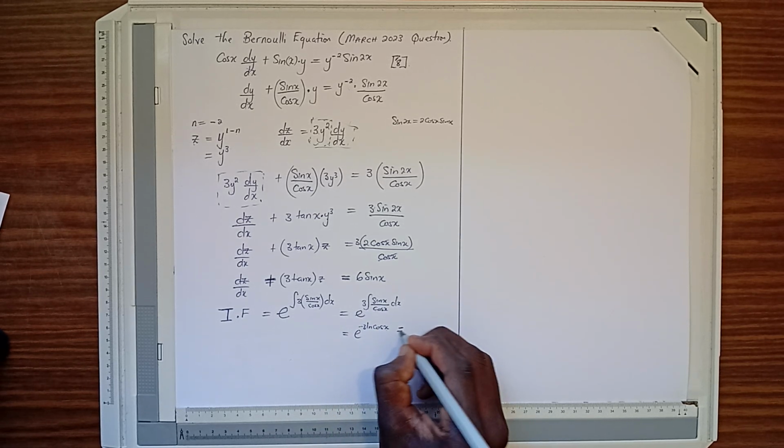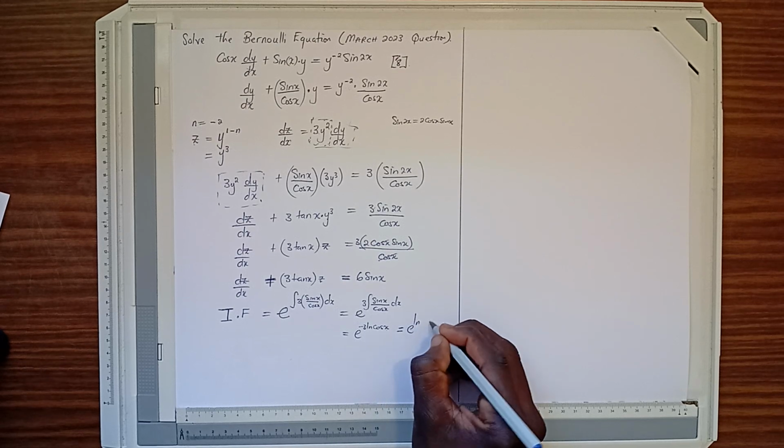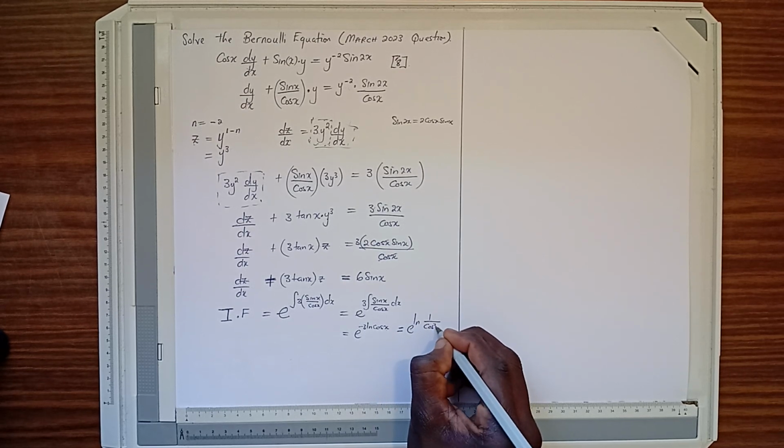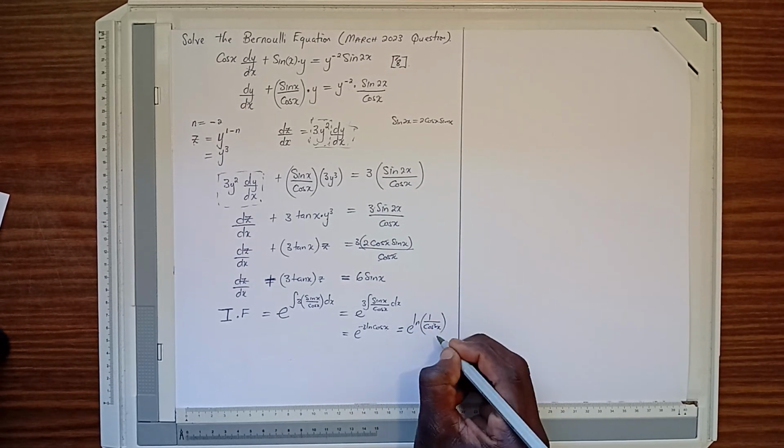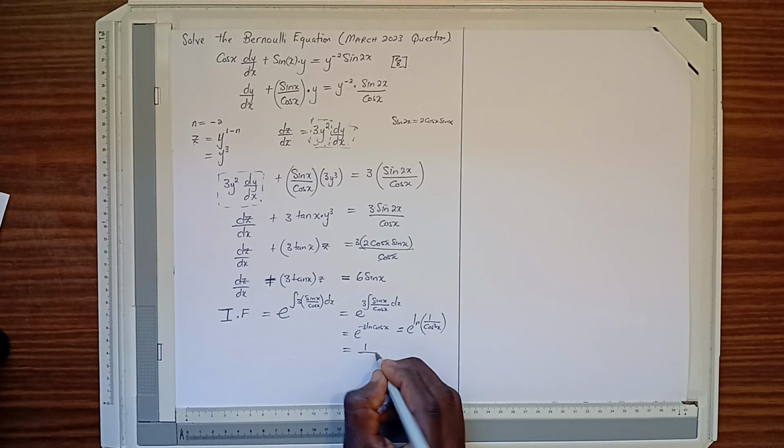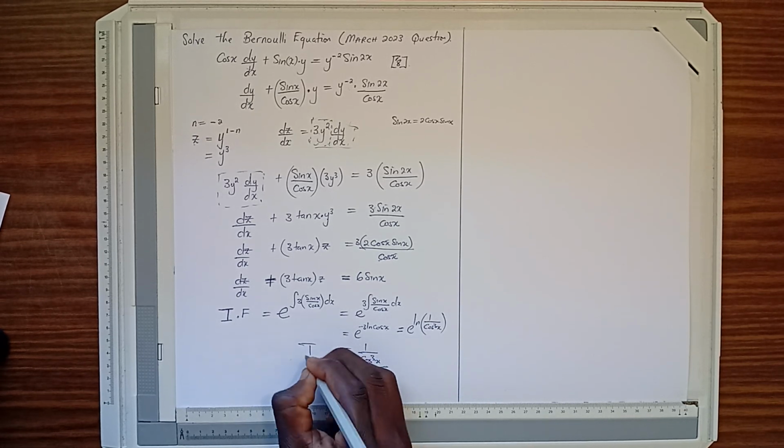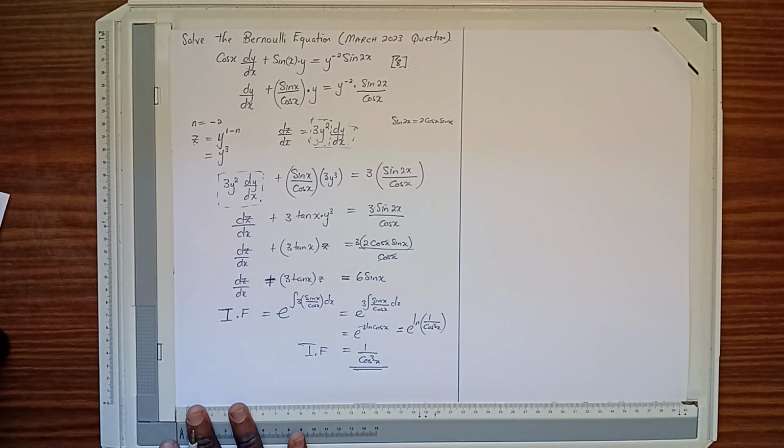This one is the same as e to the ln of 1 over cos cubed of x. So our integrating factor is 1 over cos cubed of x.